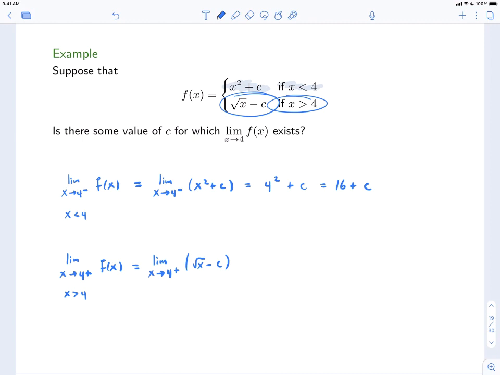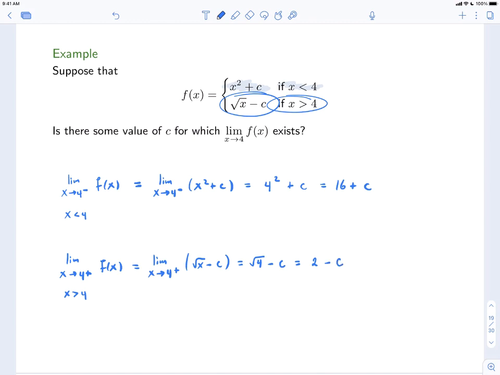Radical x is the positive square root. So if x is getting really close to 4 from the positive side, then the positive square root of x is getting really close to the positive square root of 4 minus c. Of course, the positive square root of 4 is 2, so it's 2 minus c.